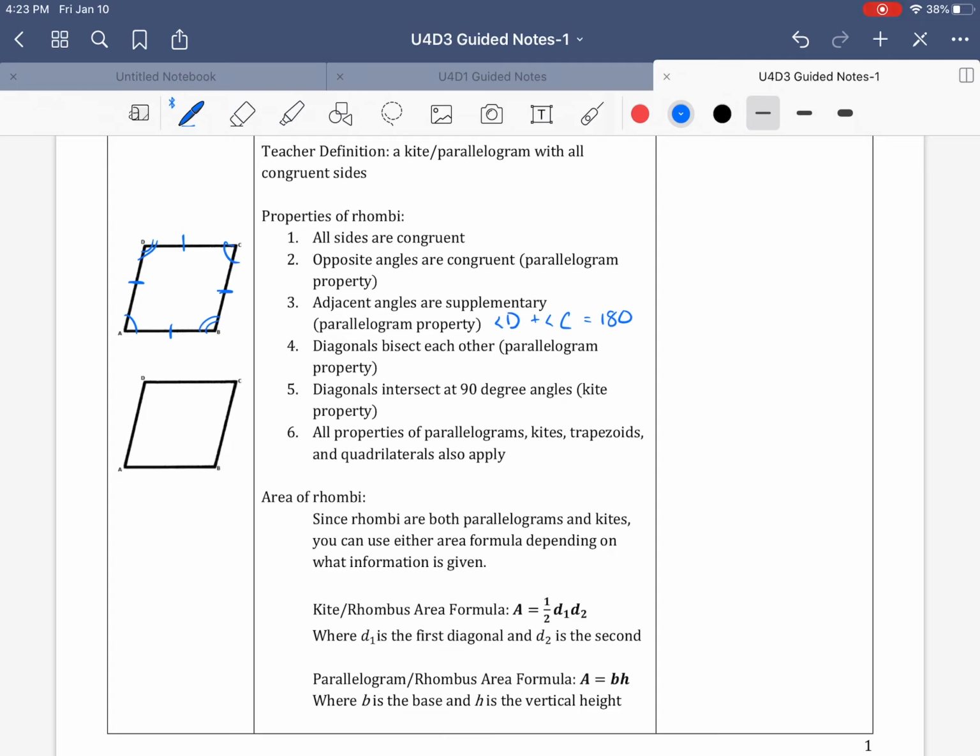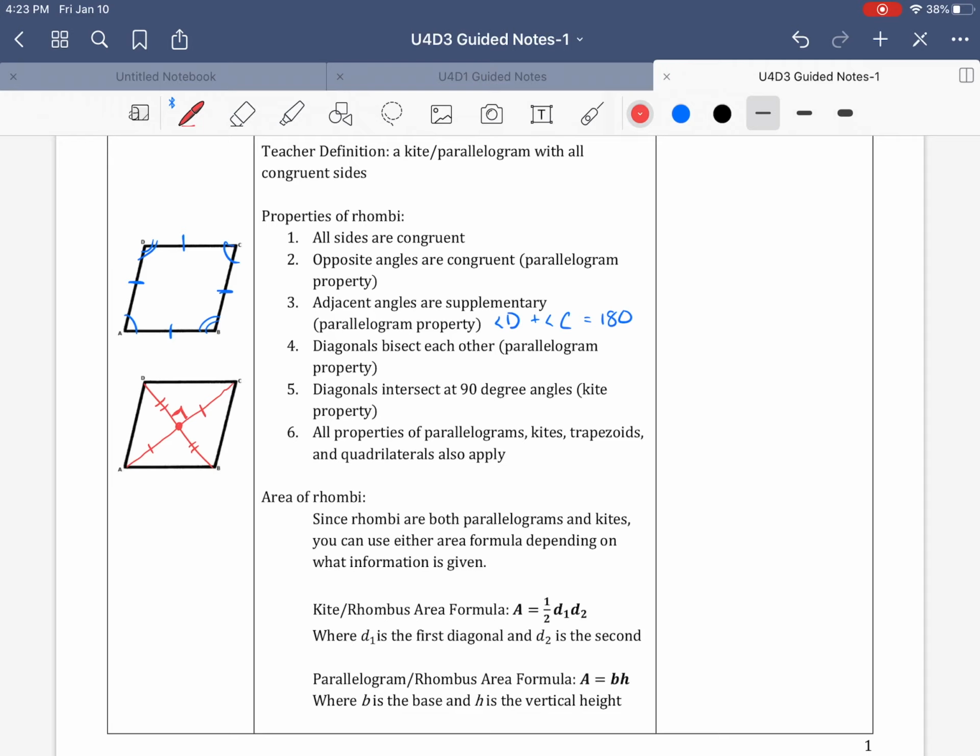We also know that diagonals bisect each other. So if we draw the diagonals from A to C and from D to B, they bisect each other, which means that from the center point to A is the same as from the center point to C. Similarly, from that center point to D is the same distance as from that center point to B. They also intersect at a 90-degree angle.